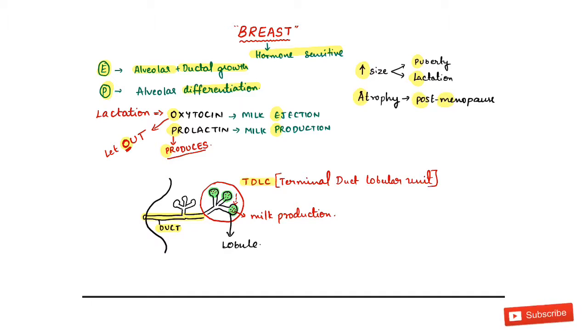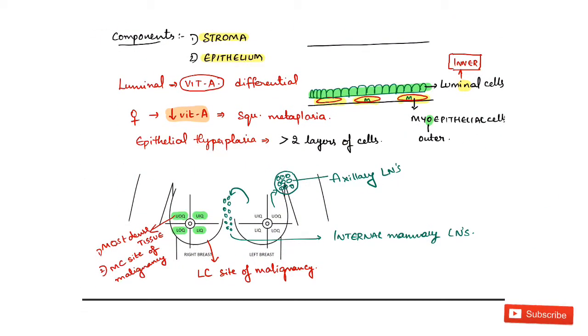And this is the terminal duct lobular unit, the functional unit of the breast tissue. The components of the breast tissue are stroma and epithelium. In the epithelium, we have two main layers. The outer one is the myoepithelial cells, and the inner one is the luminal cells.